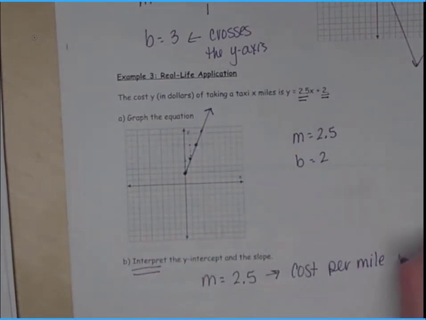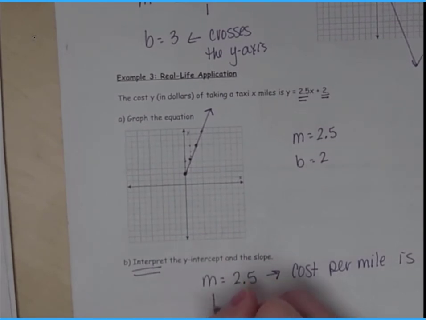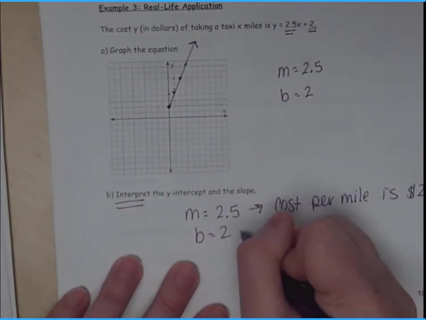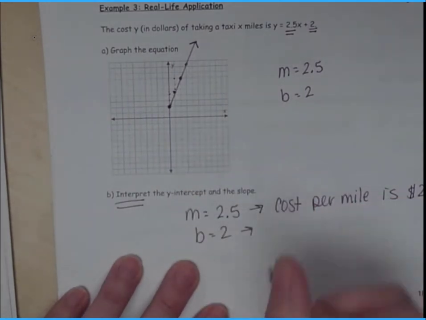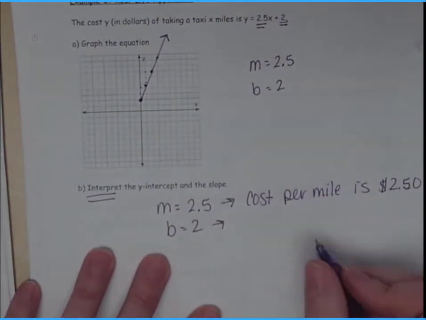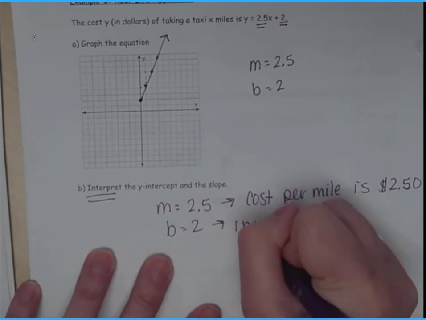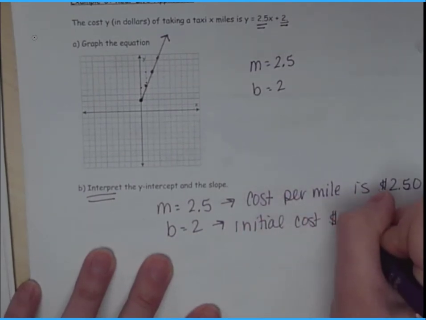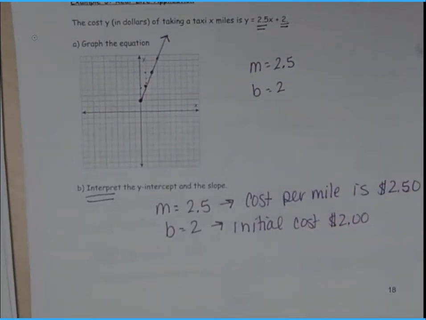So the cost per mile is $2.50. b, that's my intercept. That's where it crosses the y-axis. What that is telling me is that just for getting in the cab, I have to pay $2. So the initial cost of my cab, without even going anywhere, is $2.